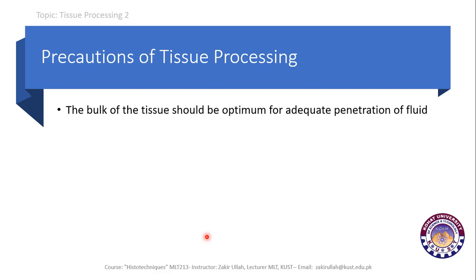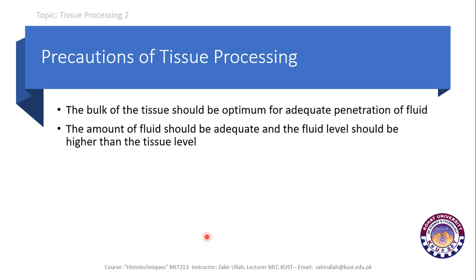There should be a specific amount of tissue which is suitable for the fluid that is present in the jar, because if we put a high quantity of tissue in excess in the fluid in the jar, the tissue processing may not be completed and the tissue may become improperly processed. The amount of fluid should be adequate and the fluid level should be higher than the tissue level.